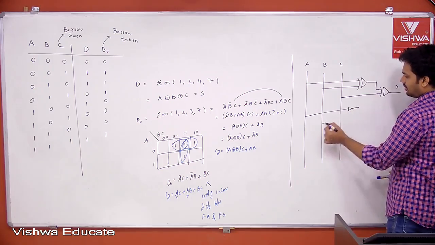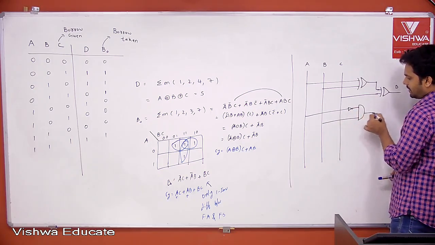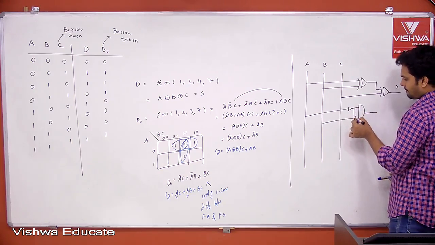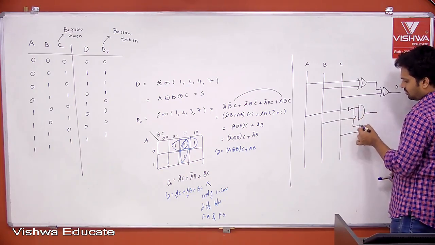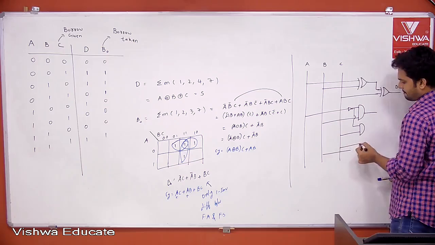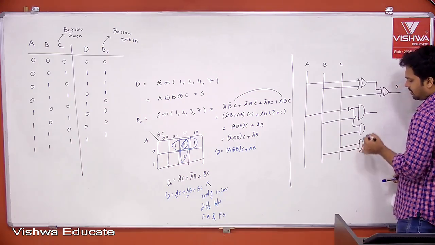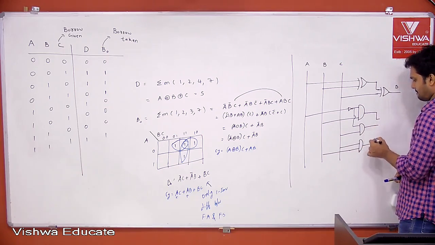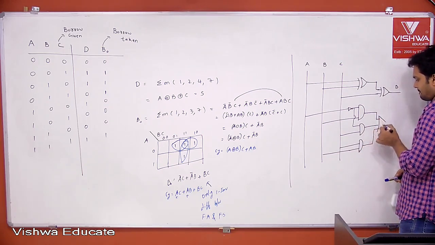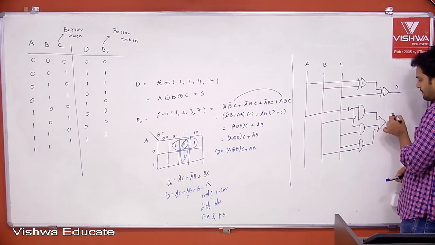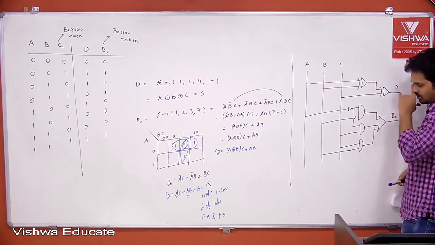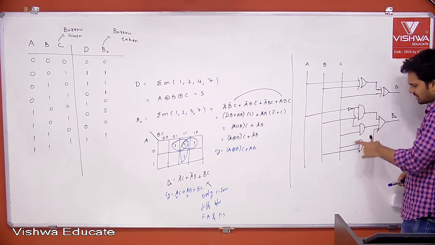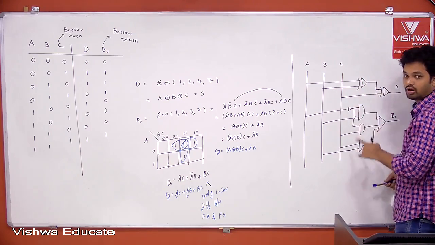A bar into B, A bar into C, B into C. So you can understand this part is exactly same as your full adder.